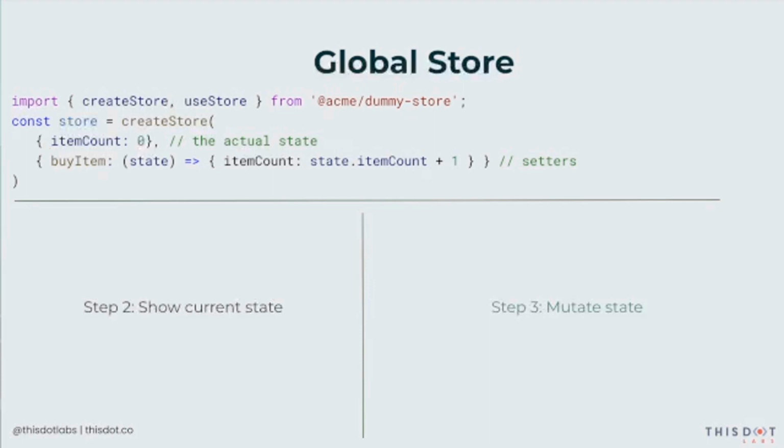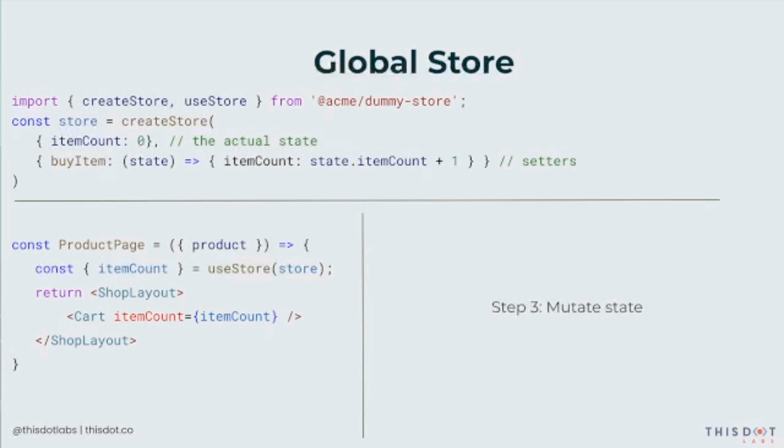So then, how do we use this? We can use our new hook, our use store hook, which is the result of our create store. And as you can see, it returns an object which we can destructure, and we can get either the state itself or we can get the setters.